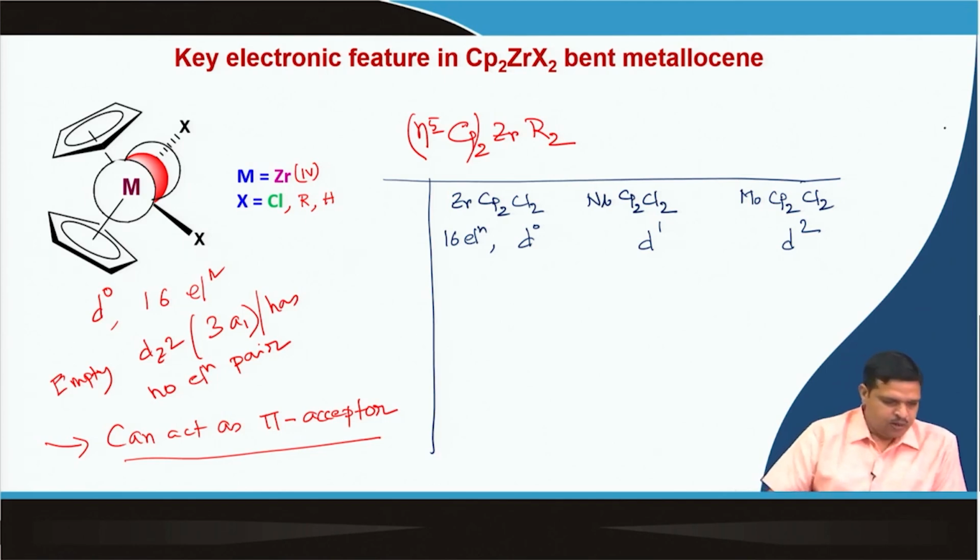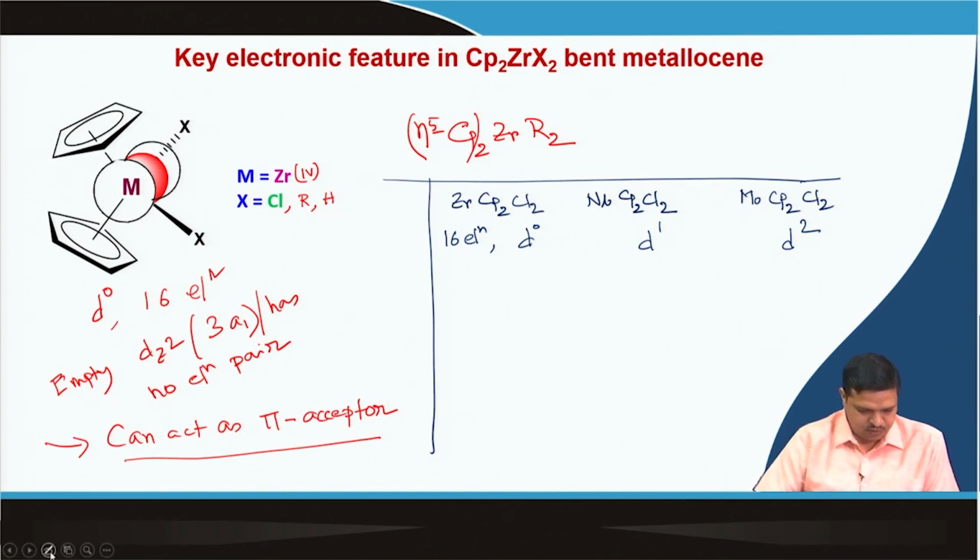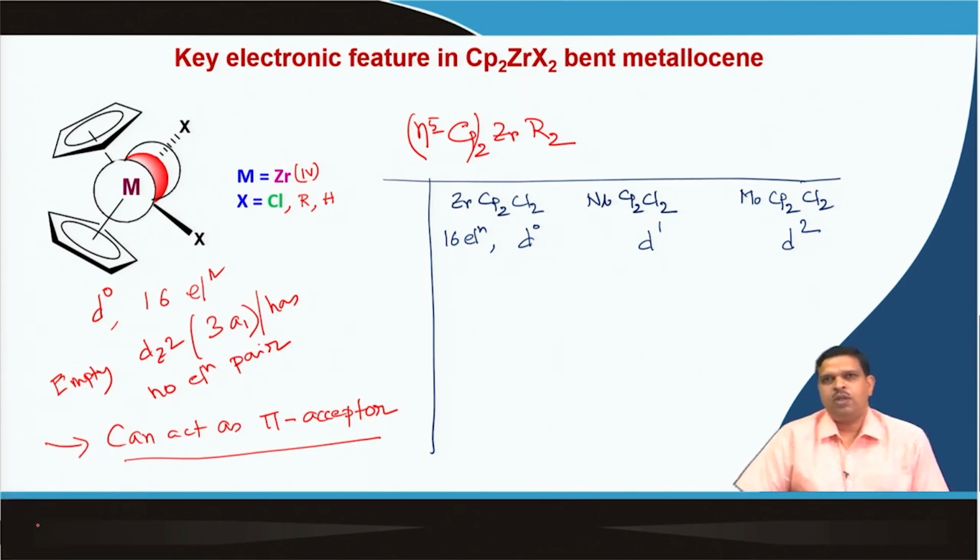Now, if we see the angle, because from the angle you can understand the electronic nature of this kind of metallocene complexes, that is why I am trying to understand.